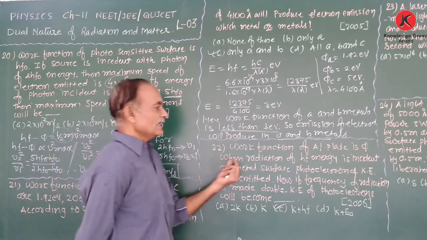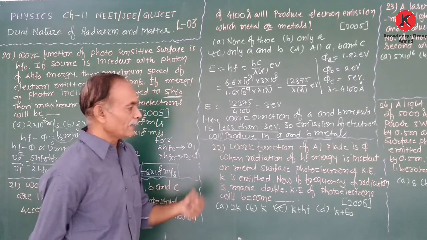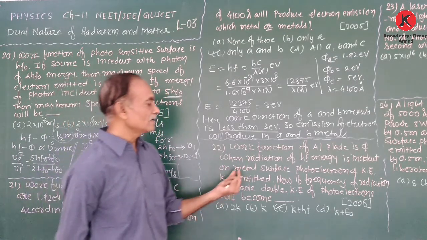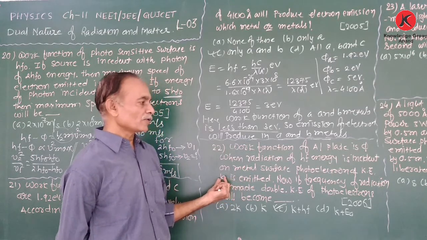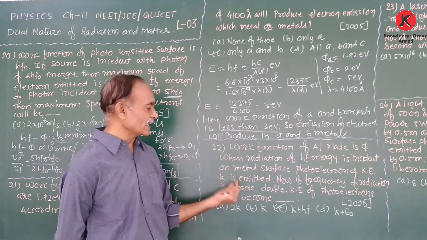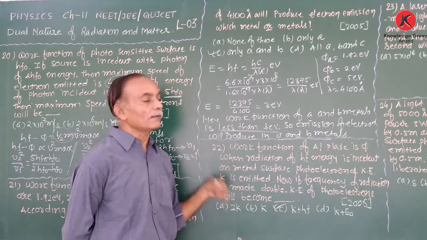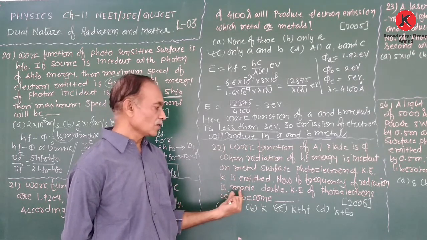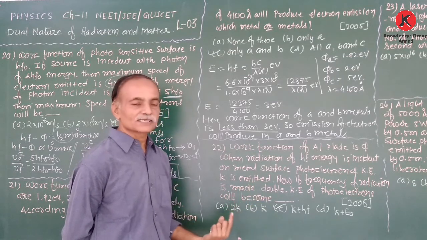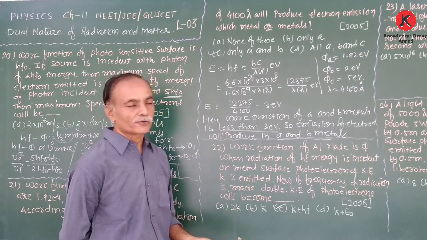So when the radiation of hf energy is incident, the photoelectrons are emitted having kinetic energy K. Now, the frequency of the radiation becomes double. So what is the kinetic energy of the photoelectrons produced?